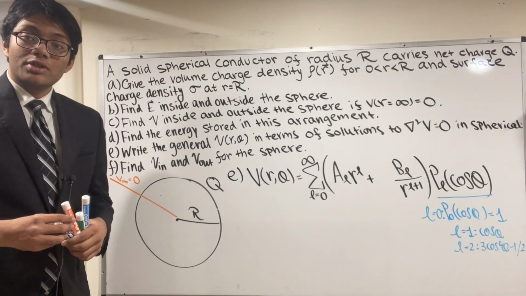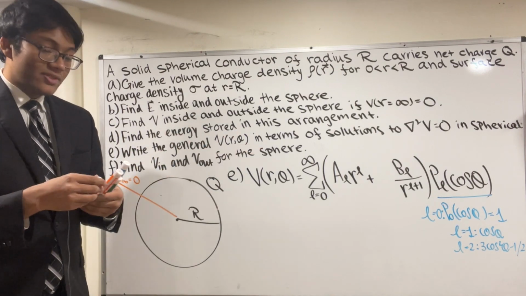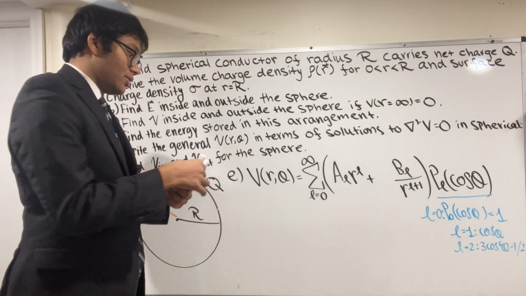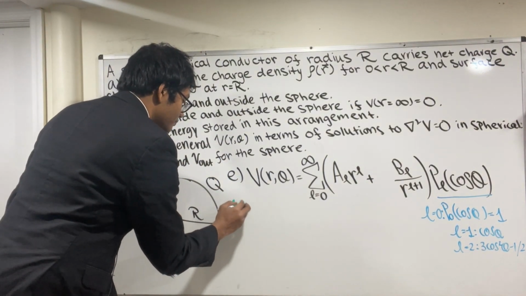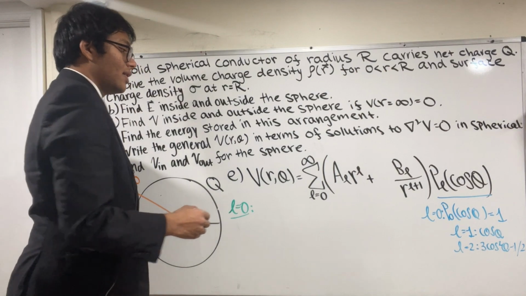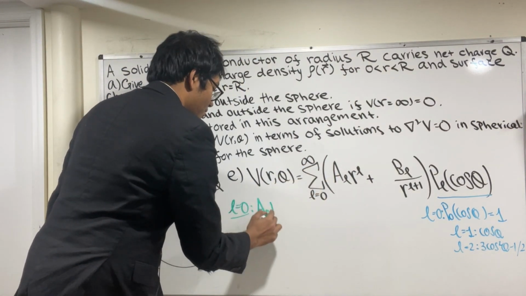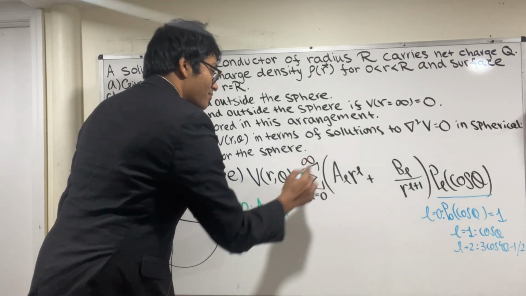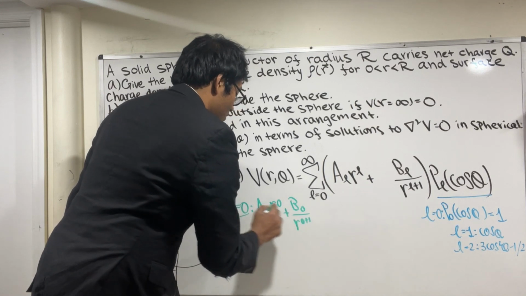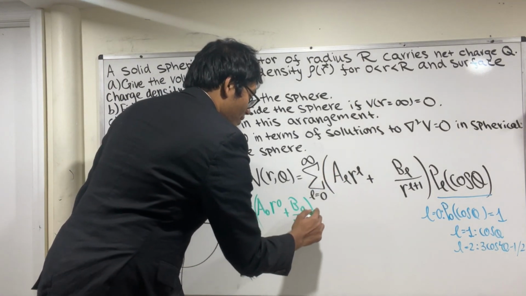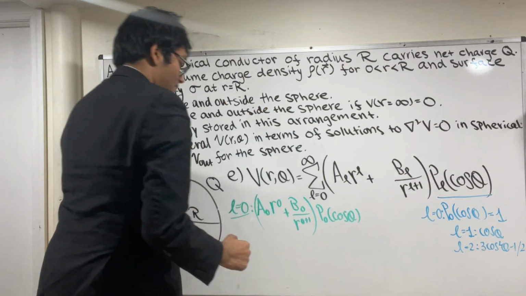Let's write out the terms for L equals 0 and L equals 1 for the spherical electric potential in Laplacian. So we're going to have the L equals 0 terms. What are they? Well, we're going to have a sub 0 r to the 0 plus b sub 0 over r to the 0 plus 1, all multiplied by P sub 0 of cosine theta.